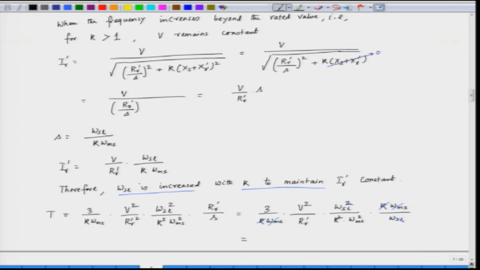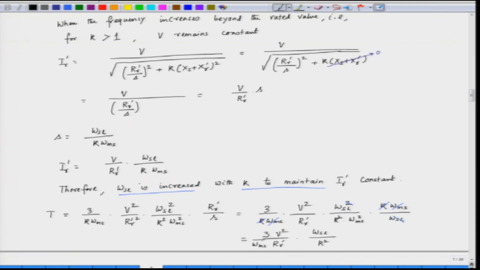So, what we get finally is the following: 3 V square by R r prime into omega s l by k square, and we have omega m s square in this case.